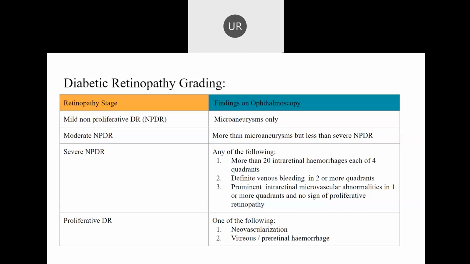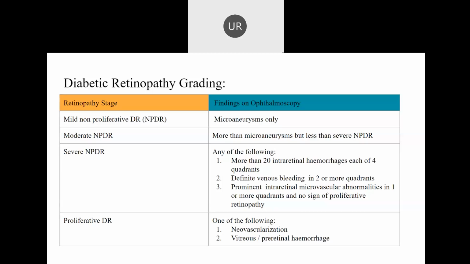Based on the fundoscopic findings on the ophthalmoscope, for mild non-proliferative diabetic retinopathy, only microaneurysms will be detected. While for the moderate one, there is more than microaneurysms, but less than severe non-proliferative diabetic retinopathy.